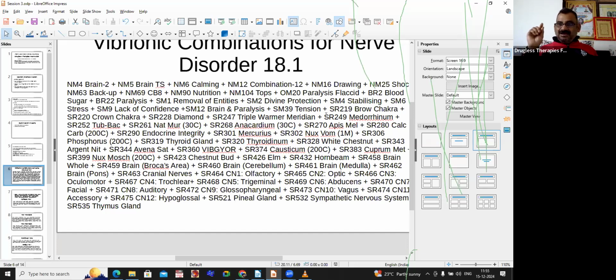Then sleep CM in the Soham mixtures, and tension 10 mm. We give this and one gets a very good sleep. And after completion of this, you can start a sleep healing center and give only this remedy.